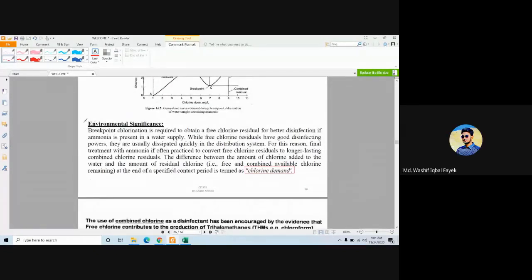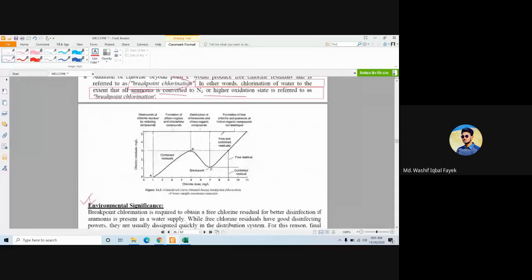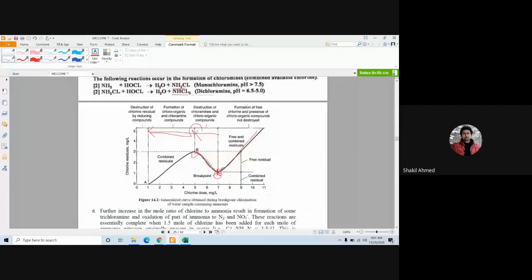Okay, so breakpoint is basically the point C where all the impurities have been destroyed. So if you don't have any impurities anymore, whatever you give, you'll get it. Is it clear?